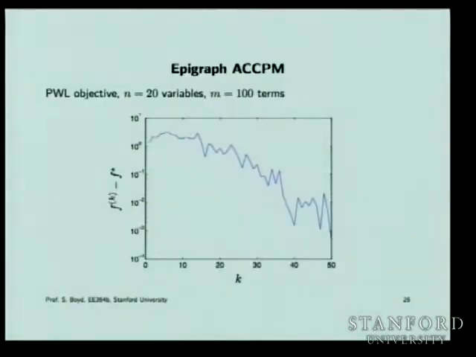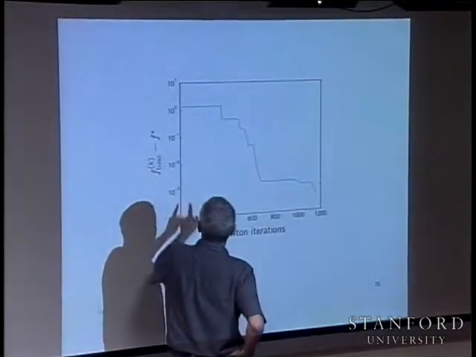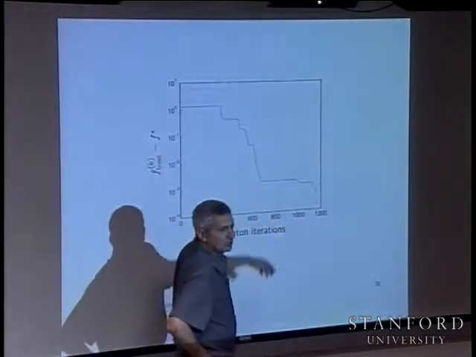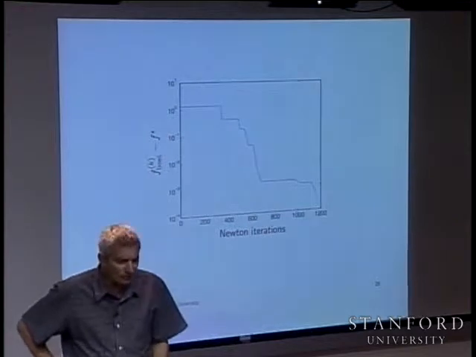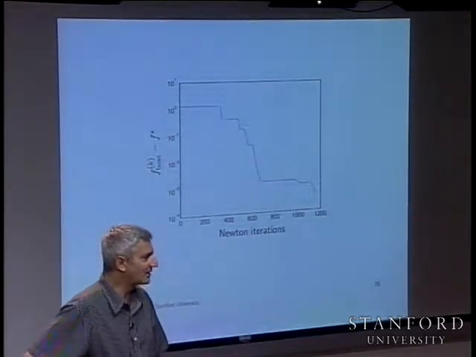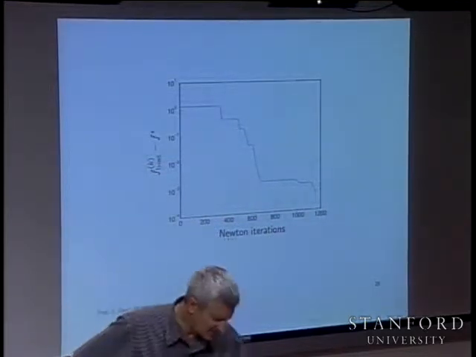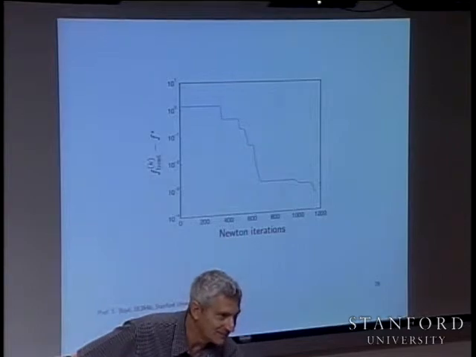Yeah, there we go. So this is the epigraph one, and here's what it looks like versus Newton steps, and I don't know what happens here, but it looks like you're doing pretty well. There's points here where you're doing better or something, and the word on the streets, as I know it, is that the epigraph method is better. I don't understand it, to be honest. I'm not quite sure why, but anyway, that's for whatever it's worth.